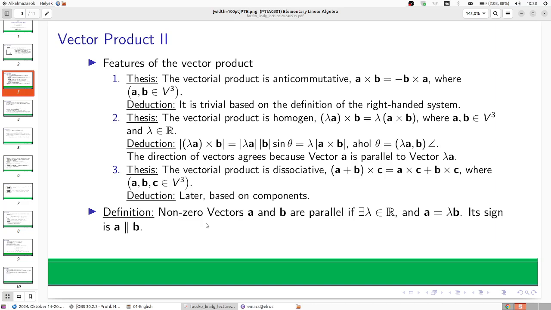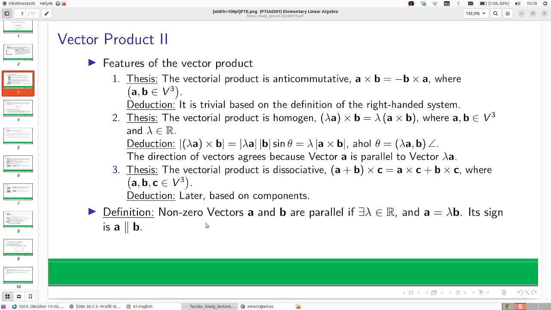Yes? Oh, okay. The features. All the other operations that we have were commutative. So if you change the order of the product or the operation, you get the same. That was for number multiplication. That was for the addition.